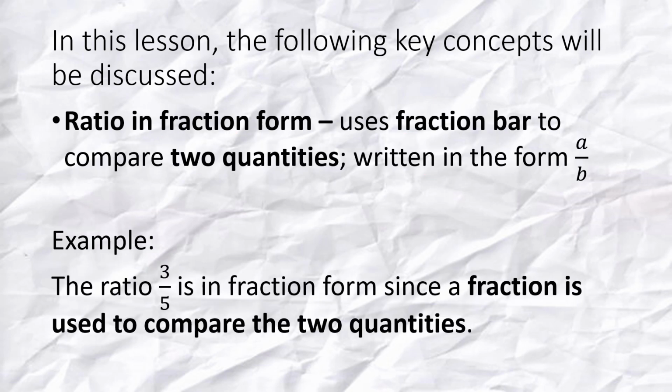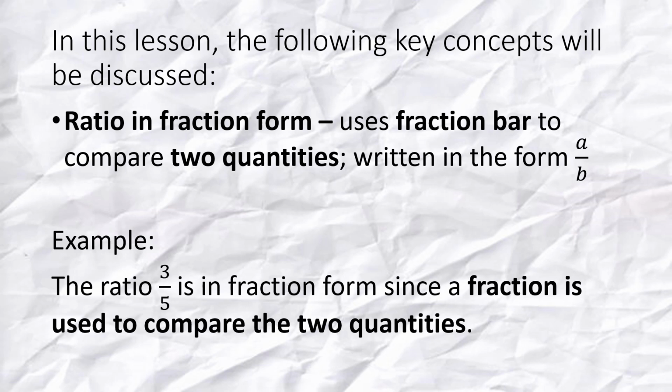Next, ratio in fraction form. Aside from the ratio that is written in colon form, you can also write a ratio in fraction form. Just like how you write a fraction, that is also the way we write a ratio in fraction form.